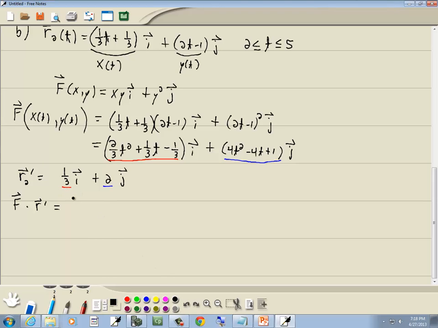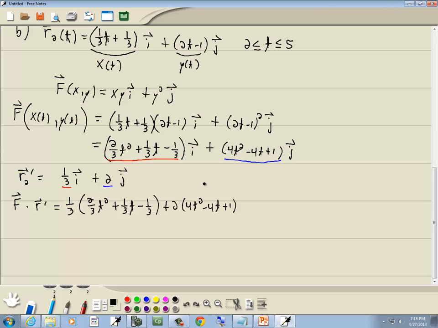So we get 1/3 times 2/3 t squared plus 1/3 t minus 1/3, plus 2 times 4t squared minus 4t plus 1.